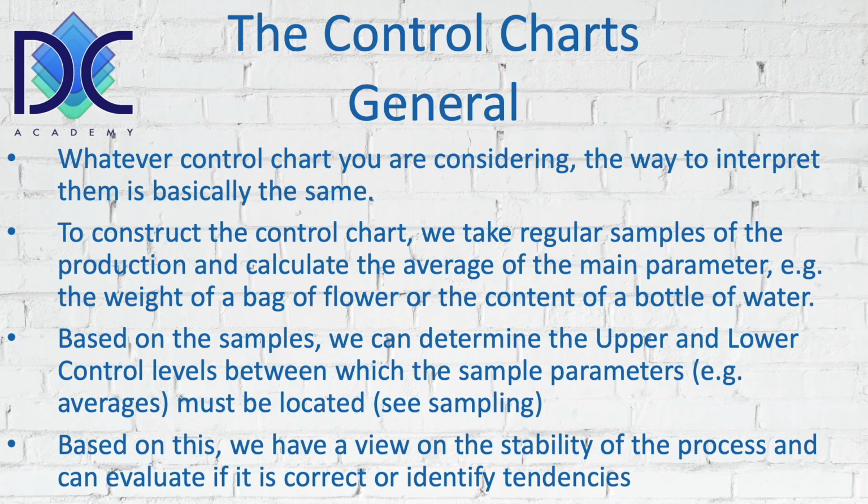Now, the old way of doing operations was that you never stop the process. That changed, because when a process is not working properly, you're producing goods which are not compliant with the quality standards. They may be unusable, or they may cost a lot of money because you put too much product in them.